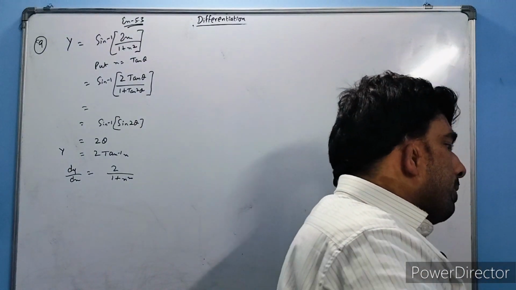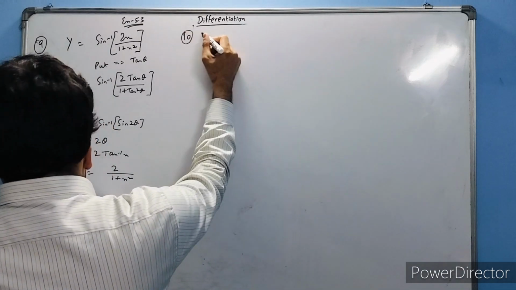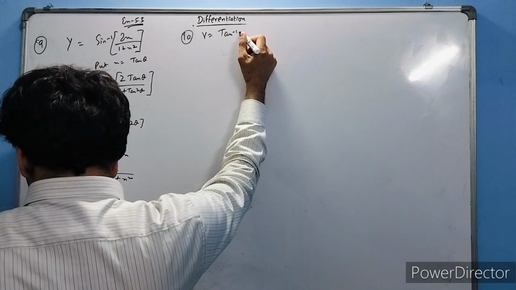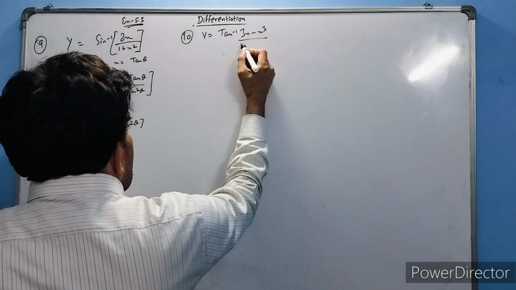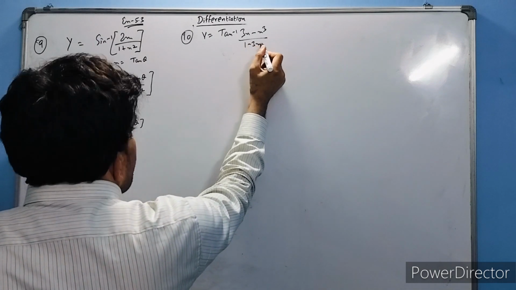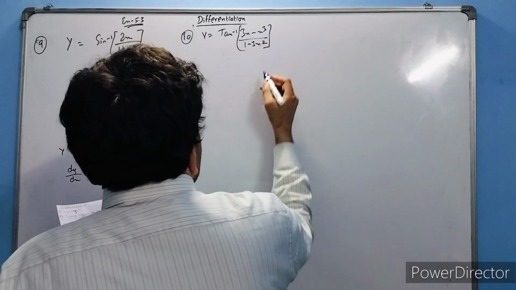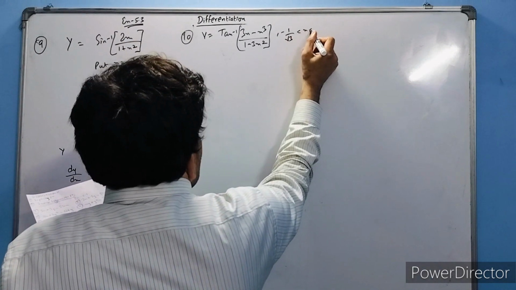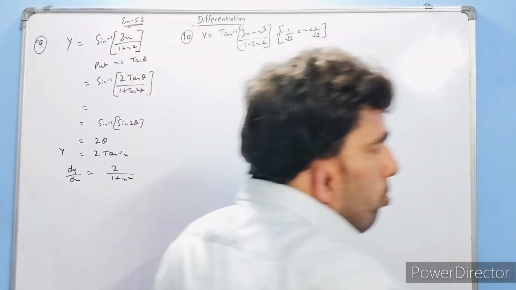Now let us move on to the 10th question ahead. What they have given: y is equal to tan inverse of 3x minus x cube upon 1 minus 3x square. But here they have given a condition also, that x lies between minus 1 upon root 3 to 1 upon root 3.